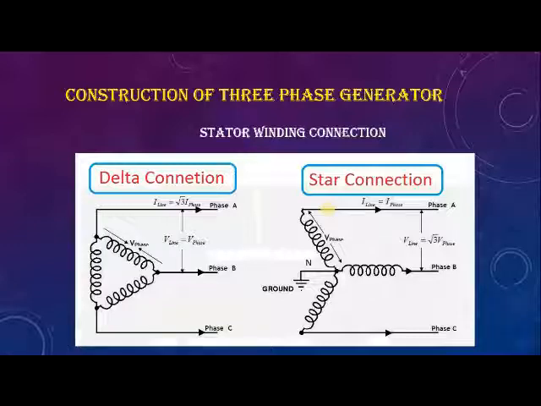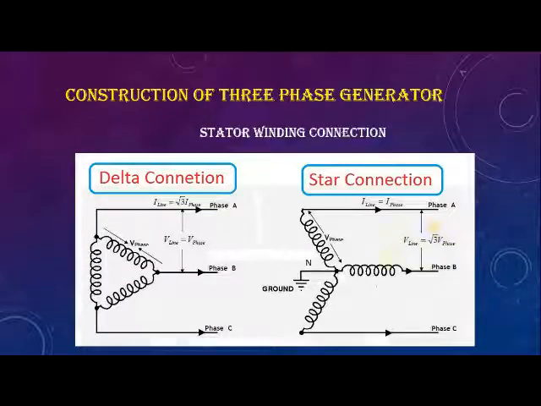So phase voltage is different from line voltage. The relationship between those two is: line voltage equals root 3 into phase voltage. How it is root 3 into phase voltage, I will explain later.